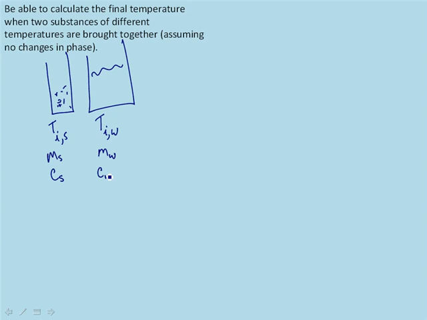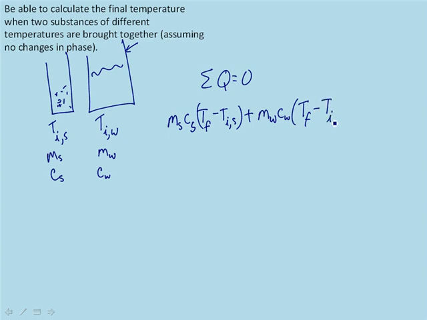Assuming that there is no heat transferred to the calorimeter, that is, that we don't worry about the cup or the stirrer like we do in lab, we can equate these two. We can say that the sum of Q is equal to 0, and the sum of the heats is the mass of the shot, specific heat of the shot, the temperature final minus the initial temperature of the shot, plus the mass of the water, specific heat of the water, temperature final minus the initial temperature of the water, and that's equal to 0.